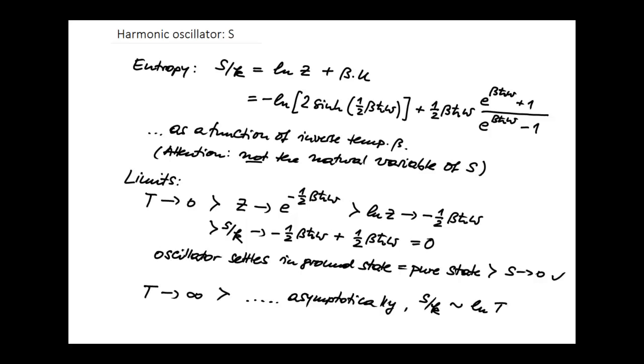So that's different from the asymptotic behavior of the energy. We saw on the previous page the internal energy goes like kT. It's linear in T for large temperatures. In contrast, the entropy grows logarithmically with the temperature.